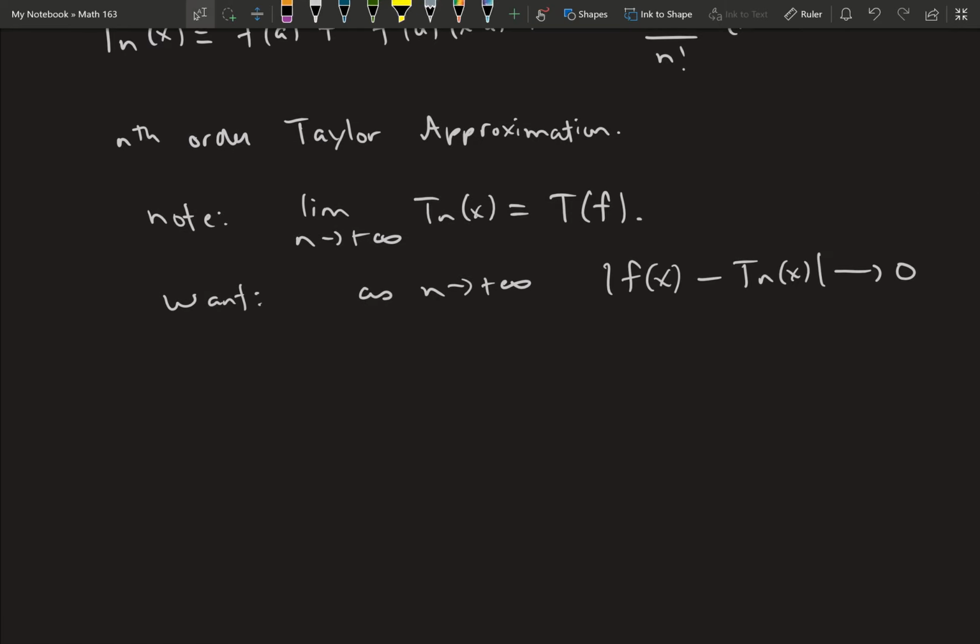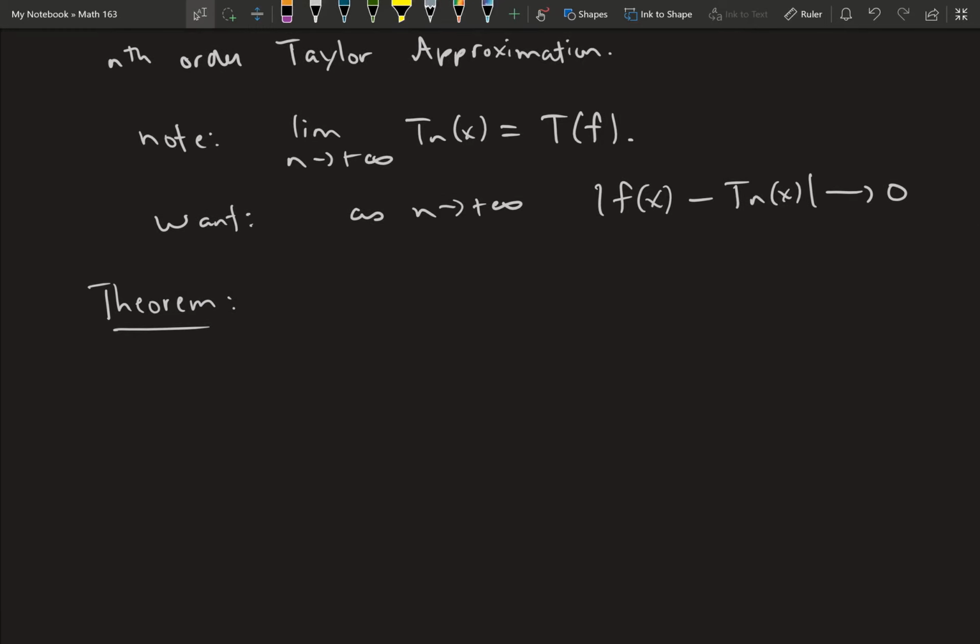And so I'm just going to state a theorem which I'm not going to prove. It involves the mean value theorem, and I think the proof may be a little bit too much at this point. You can check out, at least some part of it is in the book. So the theorem is as follows.